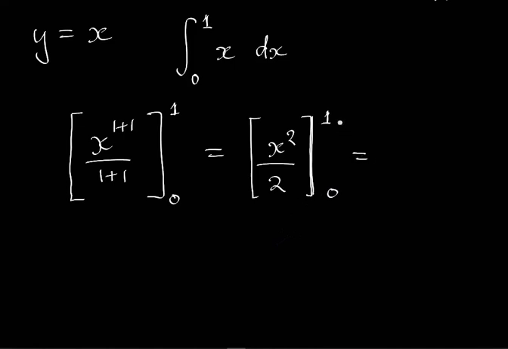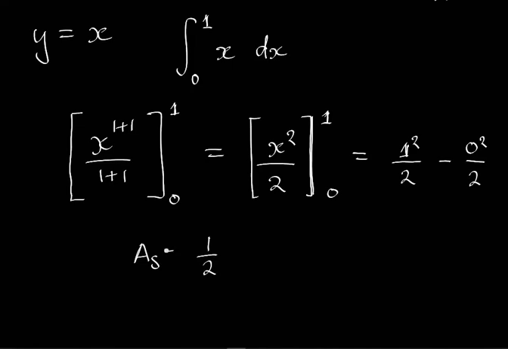So if we simplify this, remember I said we get this number on top and plug it in where we've got x, so this is the same as 1 squared over 2 minus 0 squared over 2. Notice if we simplify this, we're going to have half.